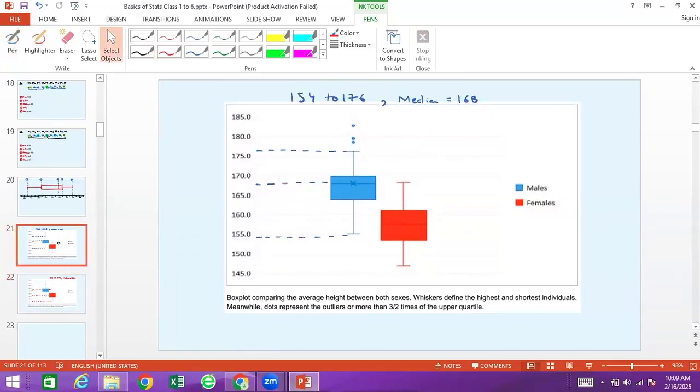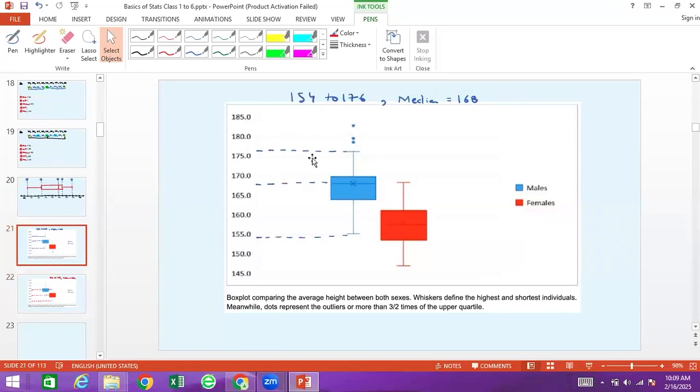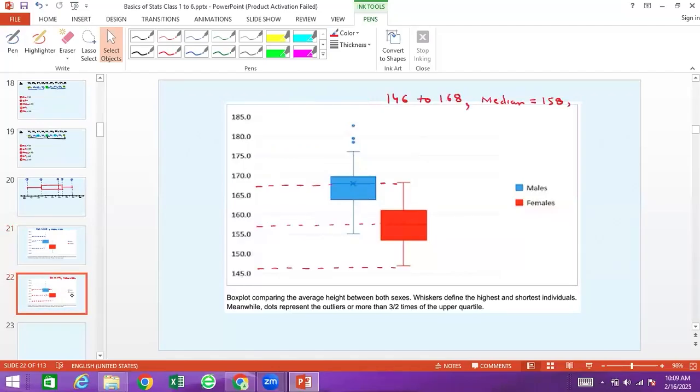So one thing that we can read is that the range is from 154 to 176 for boys. For girls, it is from 146 to 168. The median height for boys is 168. For girls, it is 158.